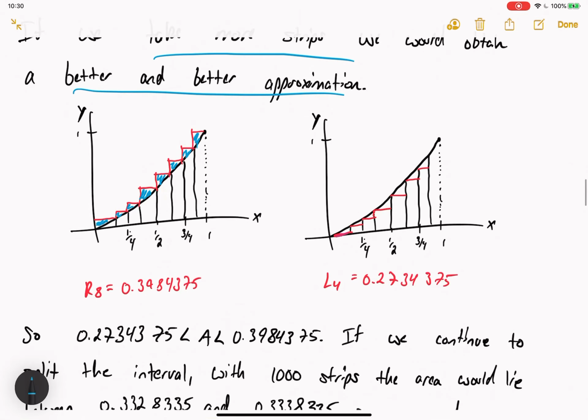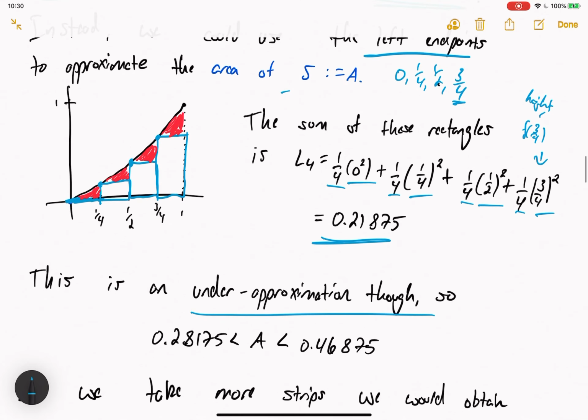And the actual area we get for all these rectangles, when we add them all up, we get 0.3984375 or whatever. And likewise, when we do it for the left endpoints, which will give us the under approximation, we get, again, something like this. We get an under approximation, but that error is definitely not as big as what we have right there.